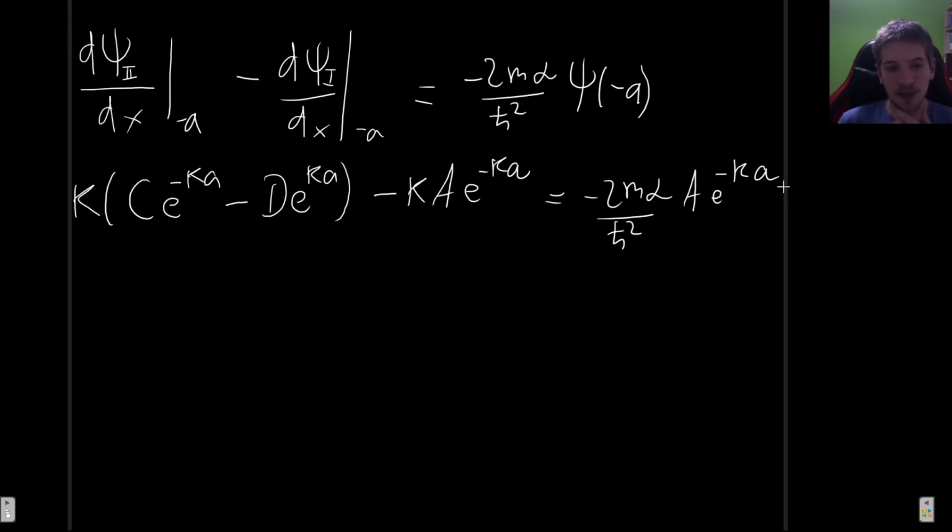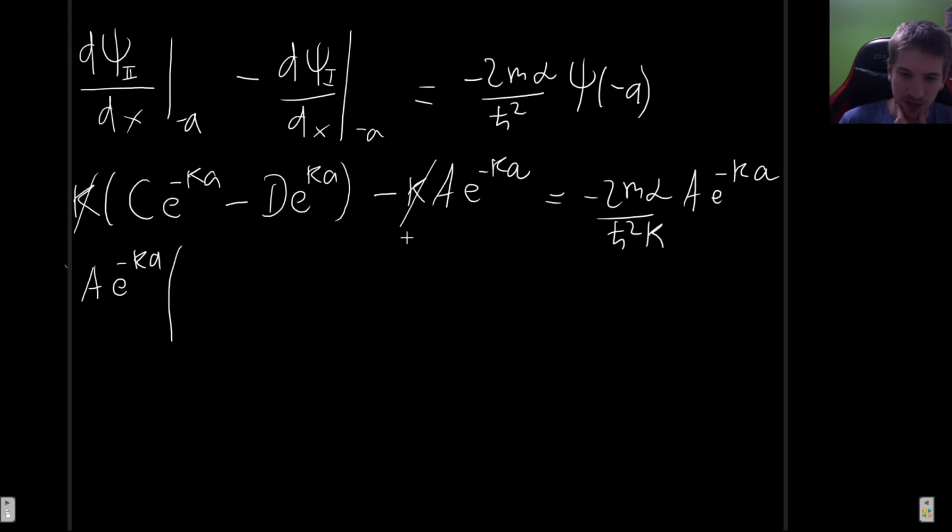However, we can simplify this further. We can divide by k, right, because we have a k here and here, so we can write it down here when we divide. And we can also take this A to the right hand side and factor out. So what we're going to be left with is that, now I like to write this term to the left, but it really doesn't matter, that's just the way I like to write my equations. So I get A e to the minus ka. Now this is going to be factoring because we have an A here and here, right?